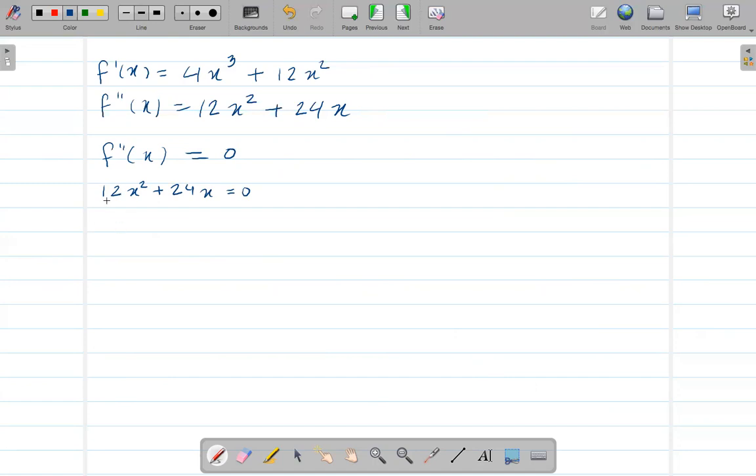Now I can factor out 12, the number from 12 and 24. From x squared and x, I can factor out x. So the remaining terms are x plus 2. So that means x equals 0, or x equals -2, right?